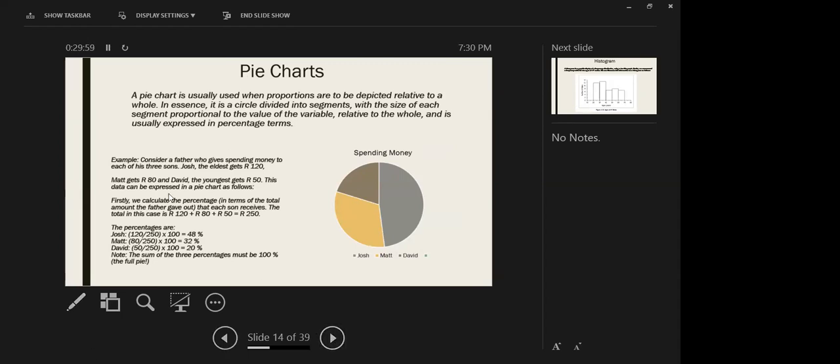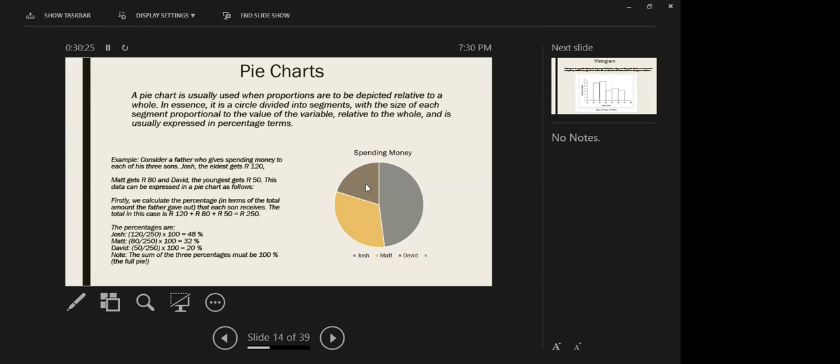In this case, there were three children that were given money to spend, right? One was given 120, the other was given 80, the other one was given 50. So the elder one is the one that has the gray part, because 120 over the total amount gives you this proportion, 80 over the total amount gives you this, and 50 over the total amount gives you this.